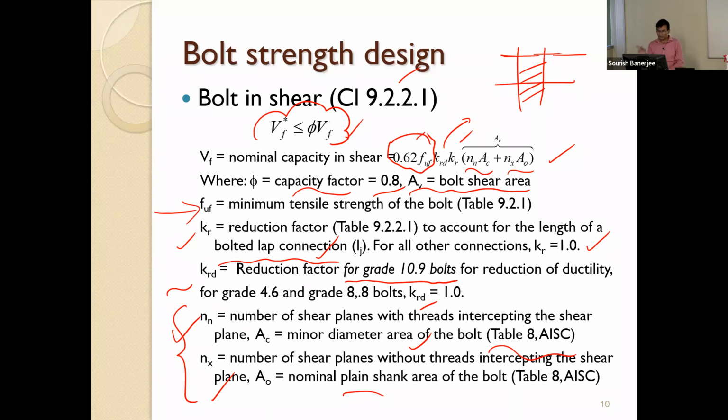Then you multiply by the factor phi, which is the capacity reduction factor, which in this case is 0.8. For the reduction factor, it is important that you look into table 3.4. Please, let's go back. Yes, it is your table 3.4. So that's the factor phi.